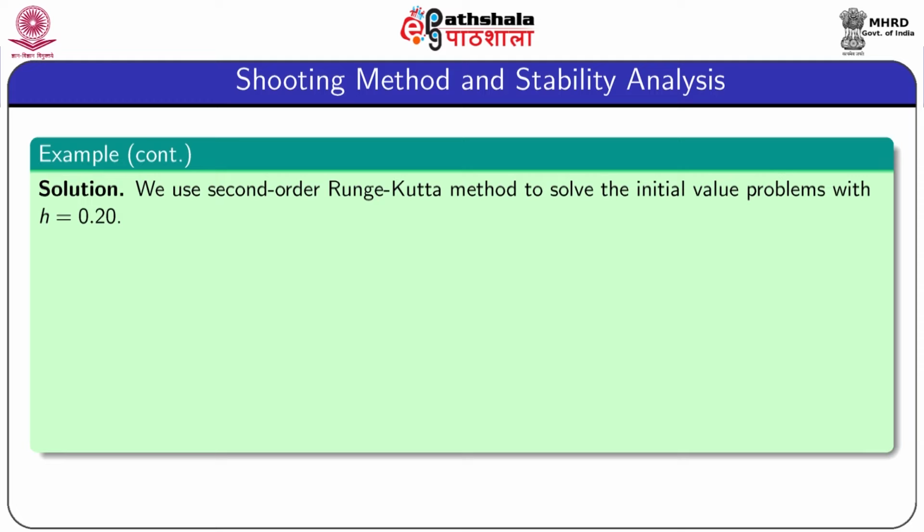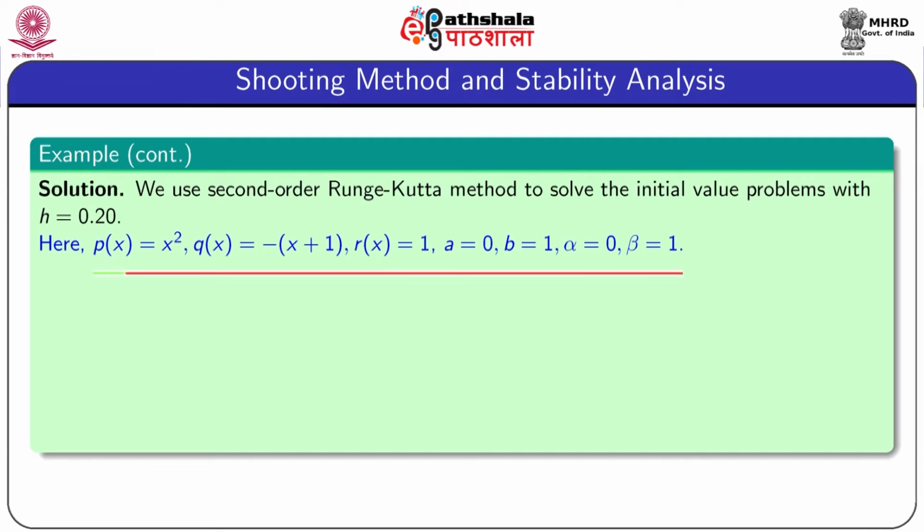Now, we use the second order Runge-Kutta method to solve the initial value problems by taking h equal to 0.20. For this problem, p(x) equal to x squared, q(x) equal to minus x plus 1, r(x) equal to 1, the boundaries are a equal to 0, b equal to 1, and the boundary values are alpha equal to 0 and beta equal to 1.